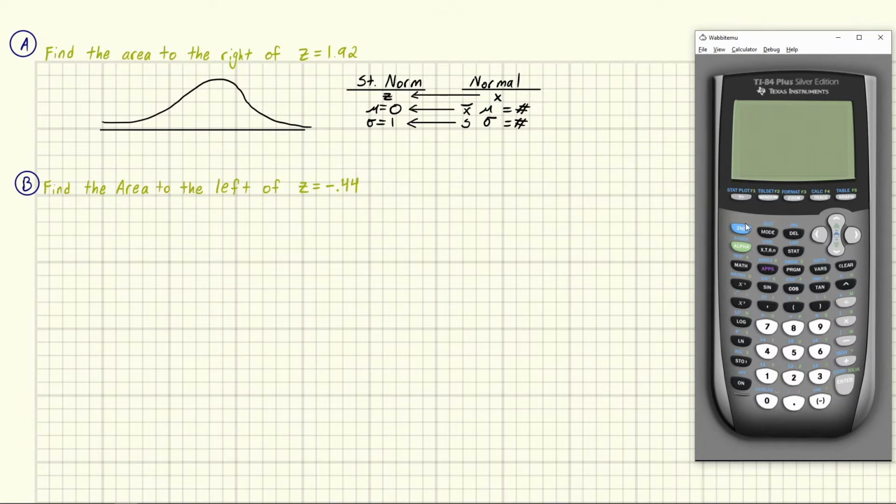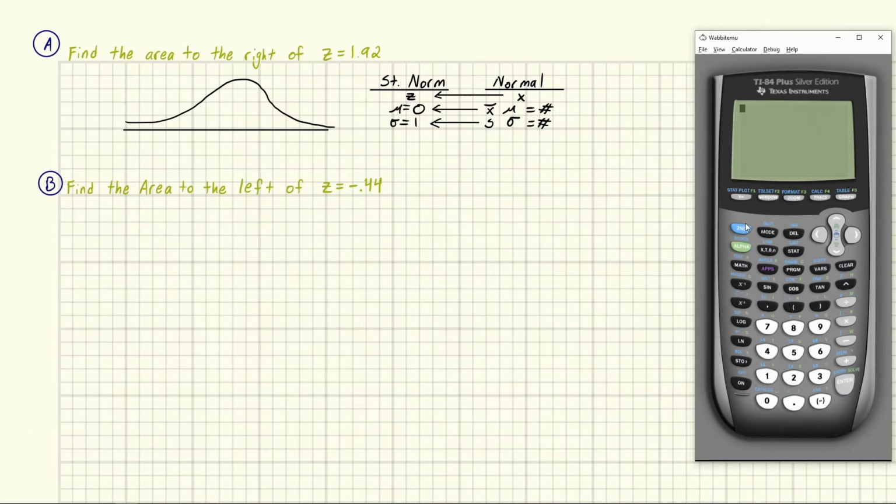If someone's shooting average on free throws has a z-score of 5, that's incredible. But if you said that about a normal distribution, that could mean any number of things. You would have to see the data and get a feel for it. So this is important to know because the calculator is going to want these values.